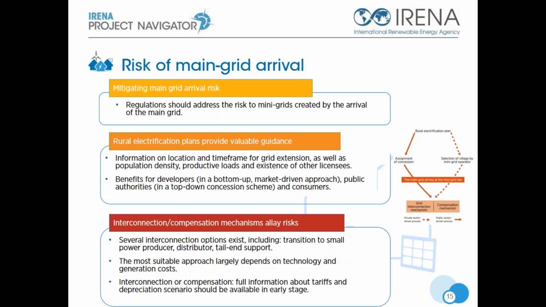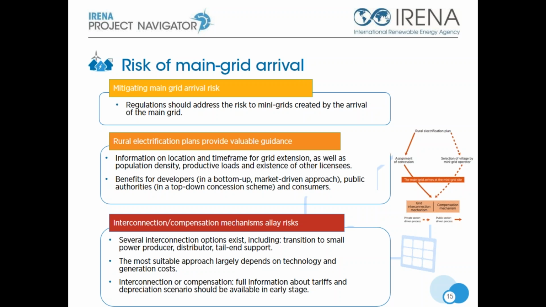On arrival of the main grid, interconnection as well as compensation mechanisms are available and can be deployed. A mini-grid operator, for example, could transform into an independent power producer or into a power distributor. The operator may also be compensated for the stranded assets.